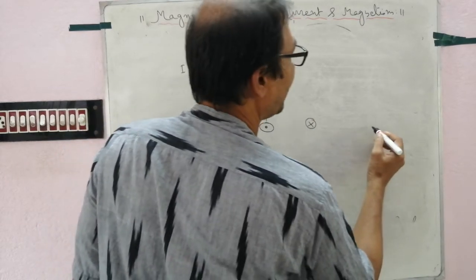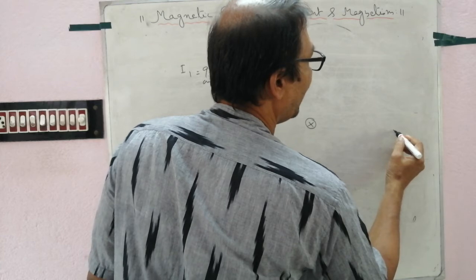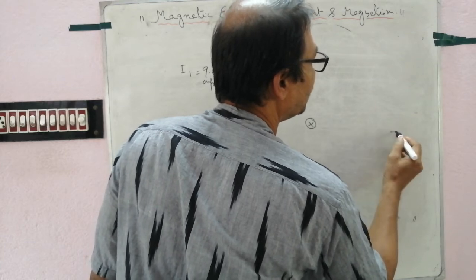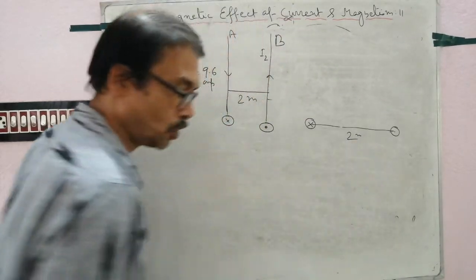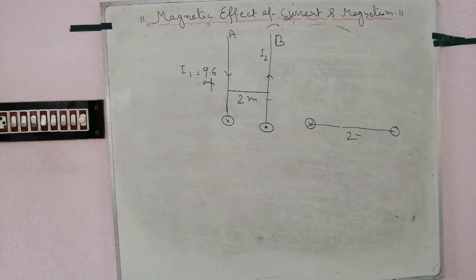This is the downward direction current and upward. The distance between them is 2 meter.